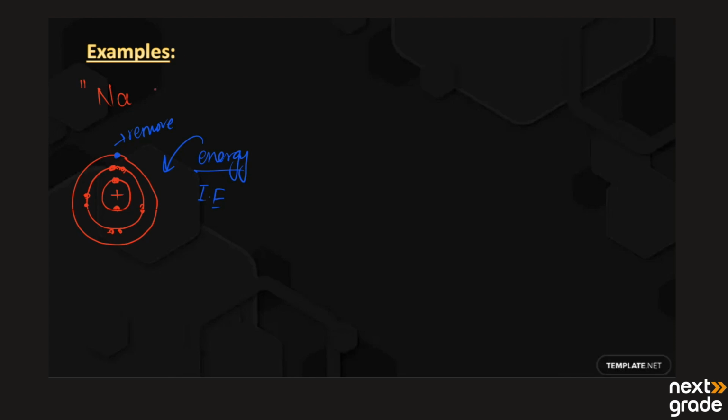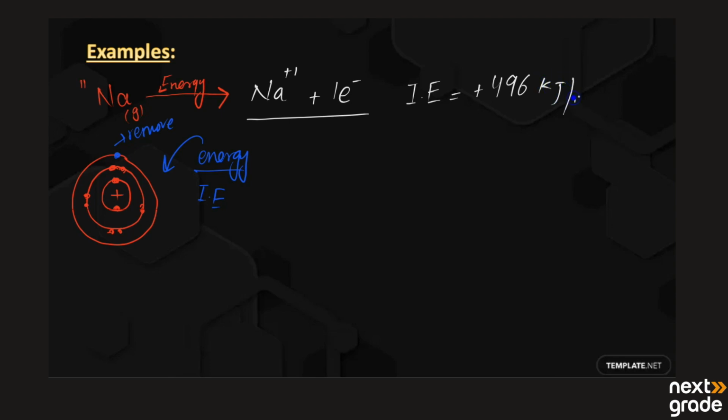We provide energy to the sodium atom. After providing the energy, this electron will be removed from its outermost shell, and the sodium will change into a sodium ion carrying the charge +1, plus the electron that has been removed. The first ionization energy of sodium is +496 kilojoule per mole.